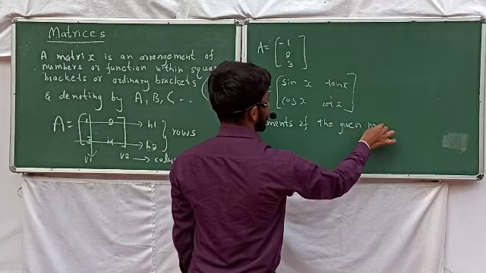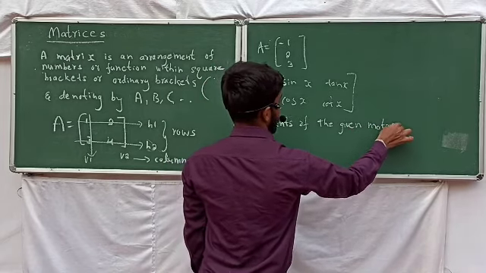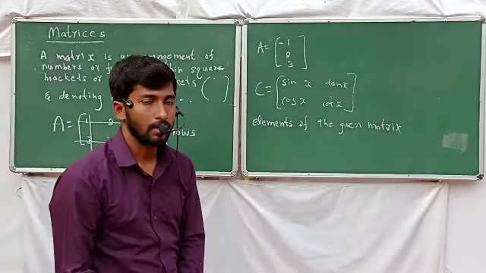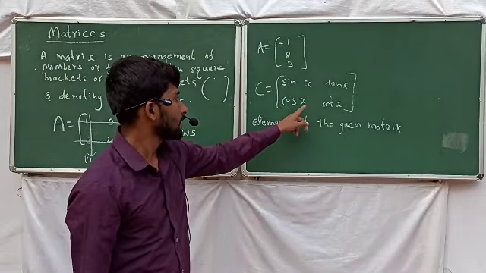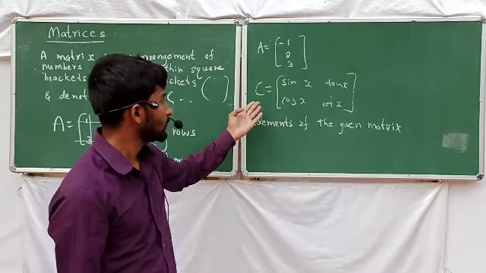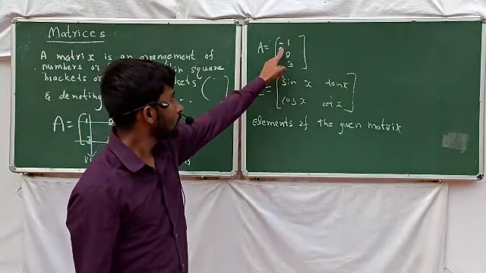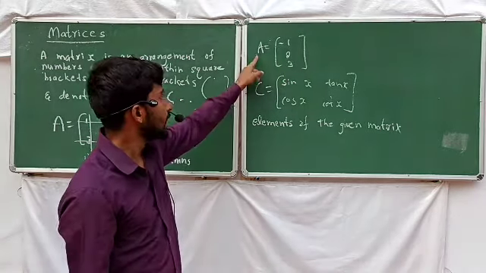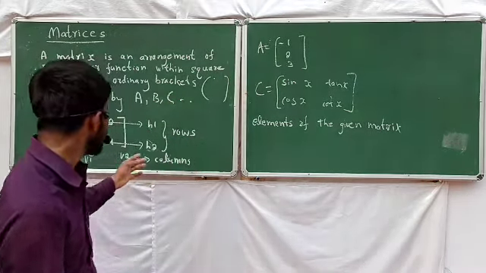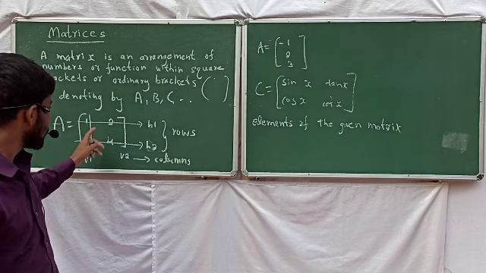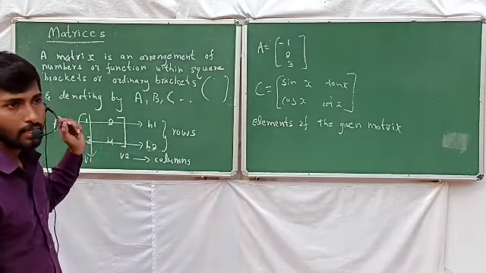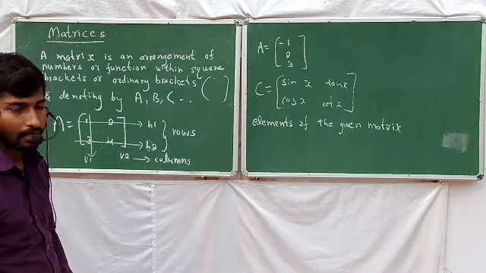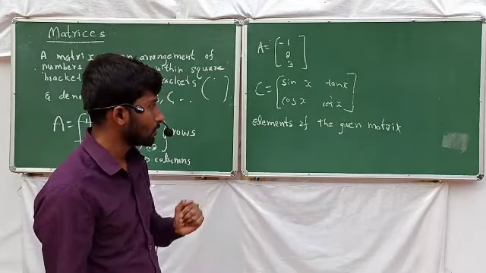Here sin x, tan x, cos x, cot x are the elements of the matrix C. Here -1, 2, 3 are the elements of the matrix A, and in this example 1, 2, 3, 4 are the elements of the matrix A. Clear? That's the meaning of elements of the matrix.